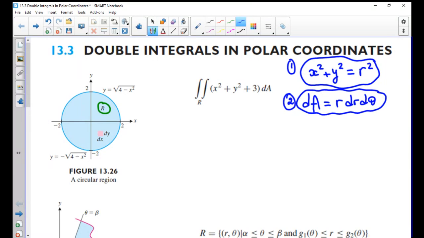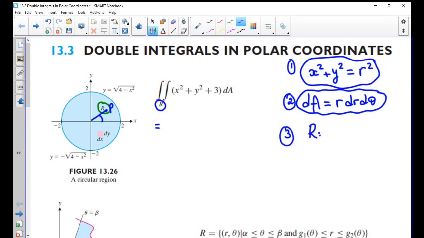Now, so let's see then, what is this integral here? How are we going to calculate this integral? Now, in the region R, think of a point there in the region R. It's theta. If you want to cover the whole region, theta will go from where to where?